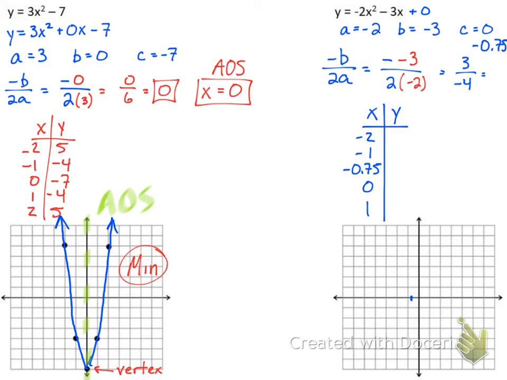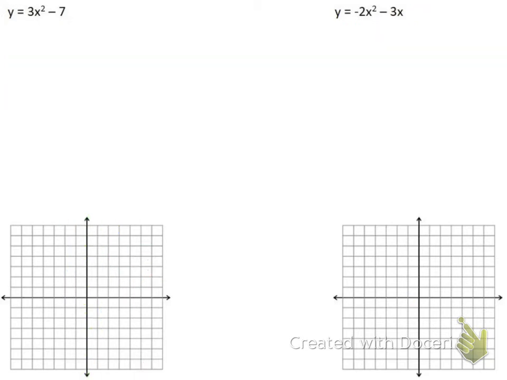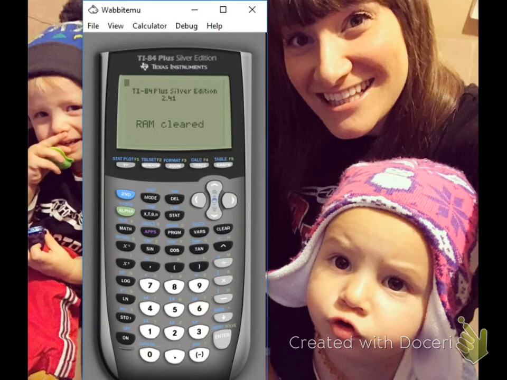So when I go to my graphing calculator, hit the y equals button. I'm going to plug in negative 2x squared minus 3x.